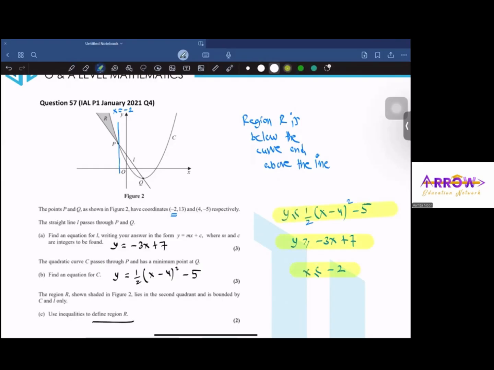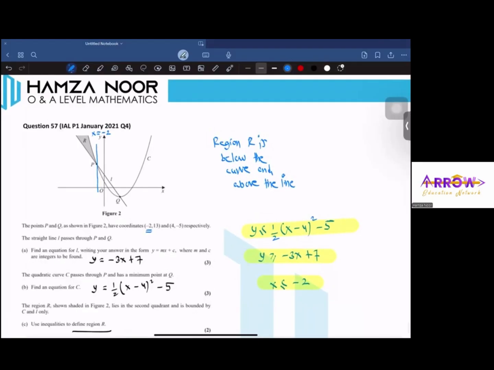So region R is basically restricted up till the x coordinate of point P. I can say that the region R is below the curve and above the line, and restricted up till the x coordinate of P. Okay.